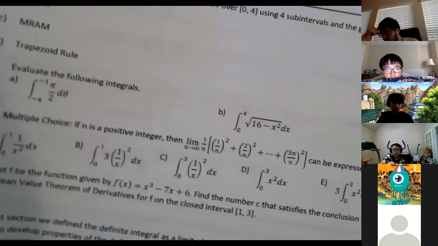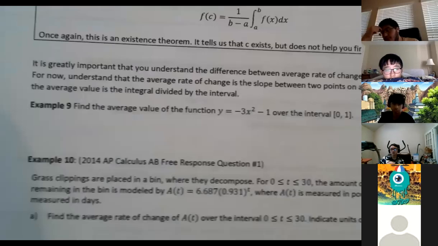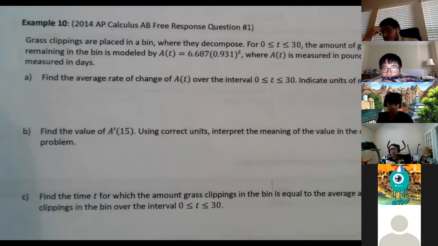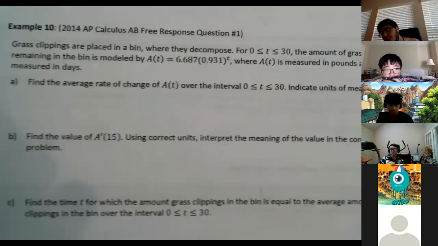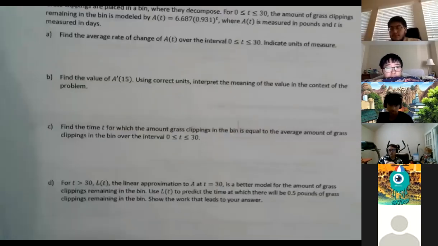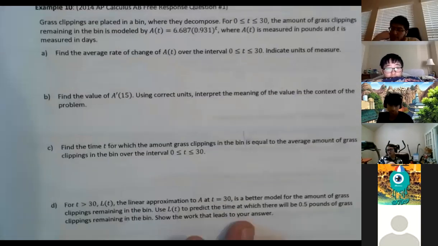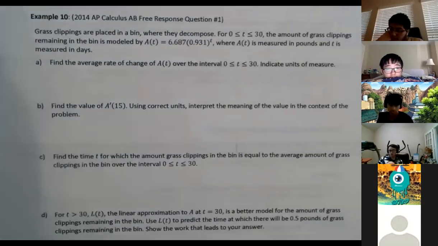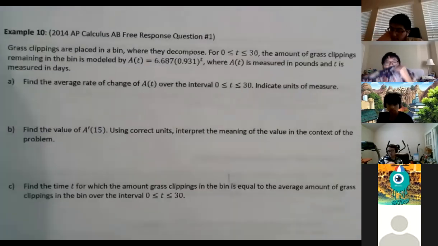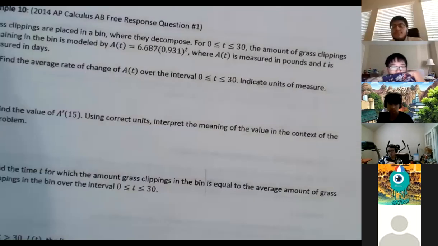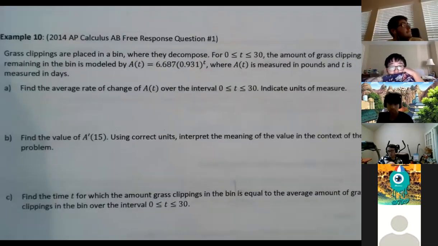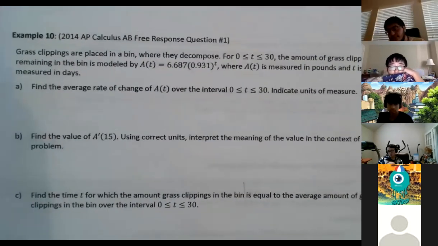So if you don't have anything to do right now and you want to stick around with me to look at this example 10, that would be great. If not, then we can do that on another occasion, or I can assign this as independent study.